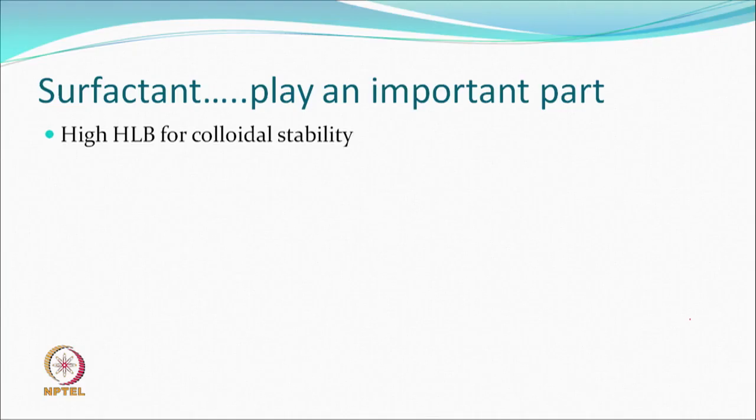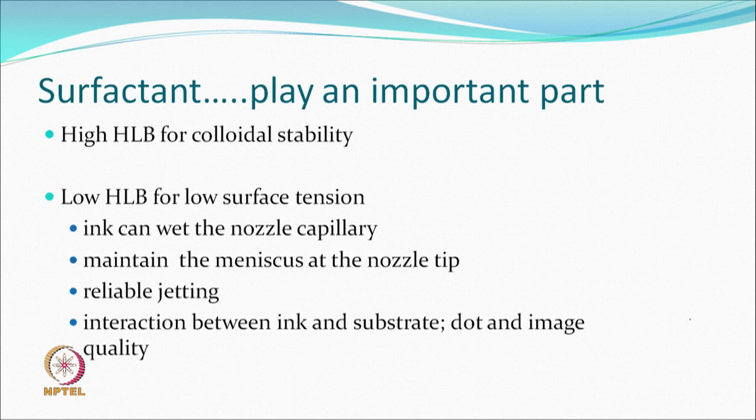Generally, as a thumb rule, a high HLB value of a surfactant would help the stability of a colloidal solution. Colloidal can be there because you may be using particles which are pigment particles and something like that. Low HLB value will give you low surface tension.